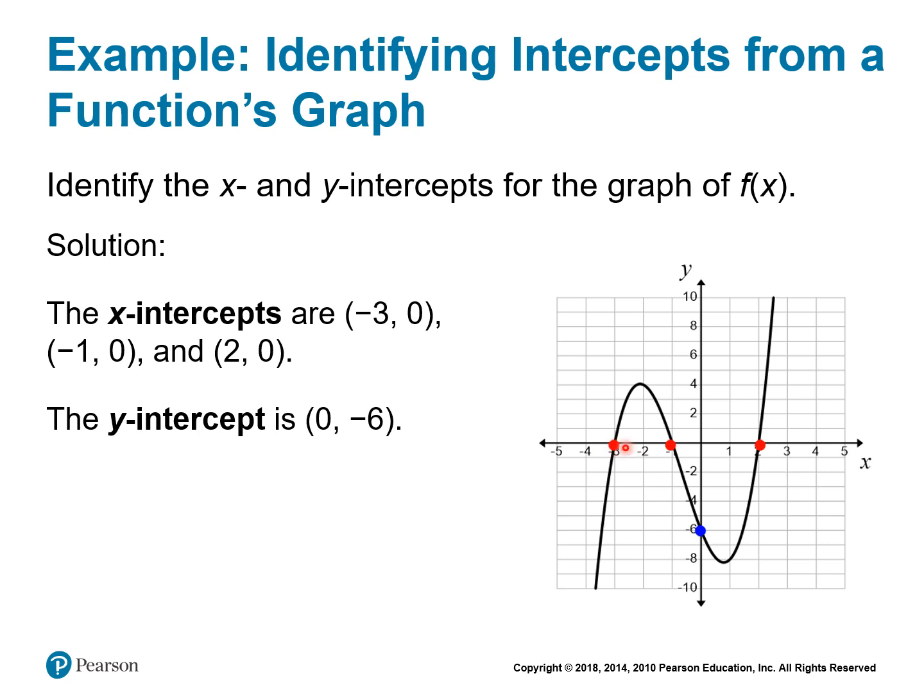No matter where the point is, whether it's here or at this point or at any point on the x-axis, the y value has to be 0. Likewise, any point on the y-axis has an x value of 0, right?